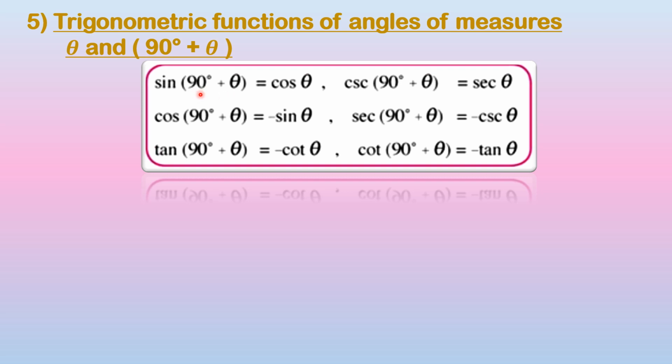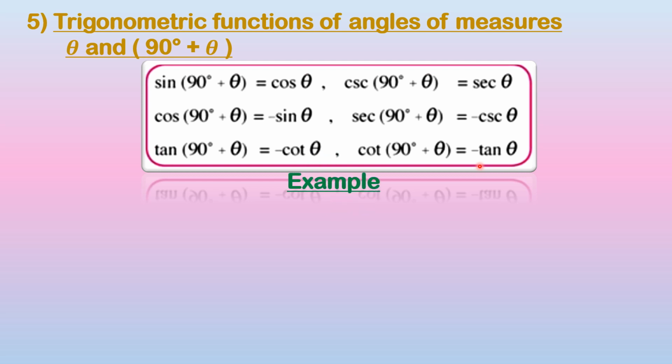If we see 90, we have to be sure that sine is converted into cosine, cosec into sec, cosine into sine, sec into cosec, tan to cotan, and cotan to tan. 90 plus theta is in the second quadrant. In the second quadrant, sine and cosec are positive, so the answer here is positive, but cosine, tan, sec, and cotan are negative. As you see, they are negative.